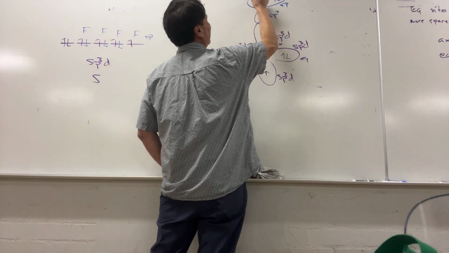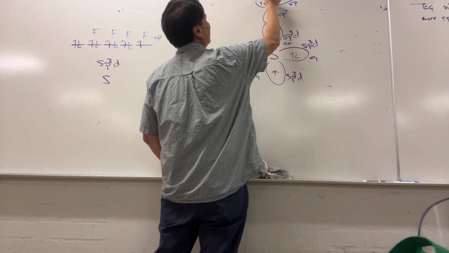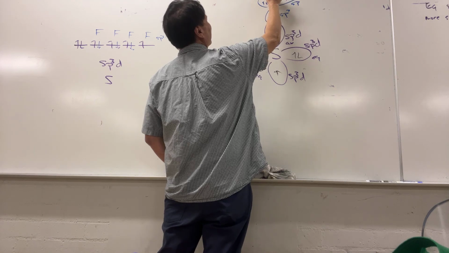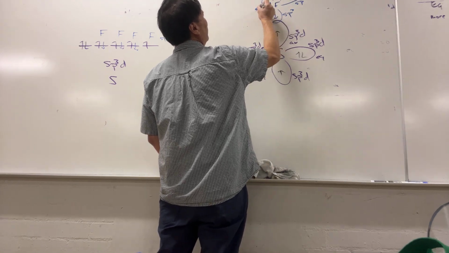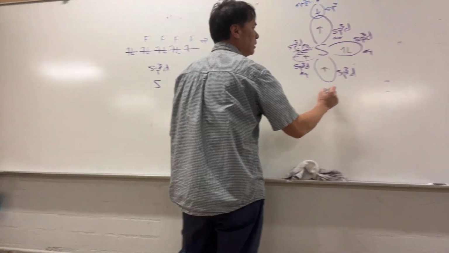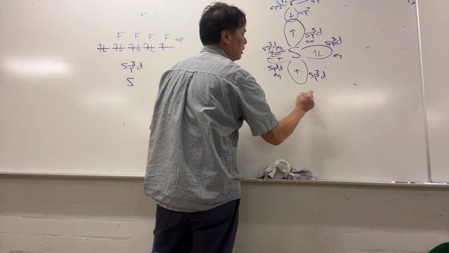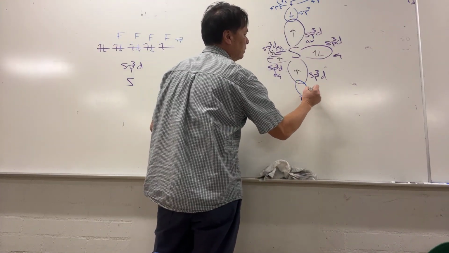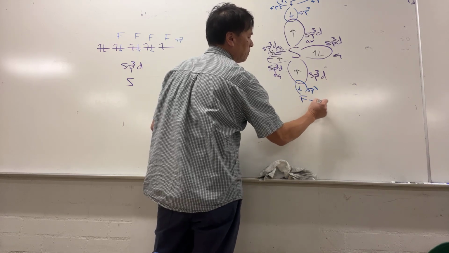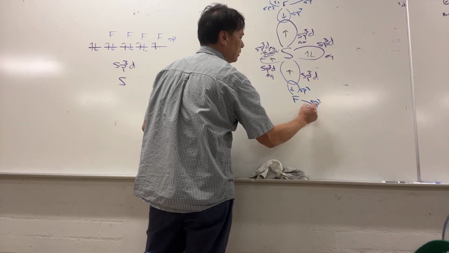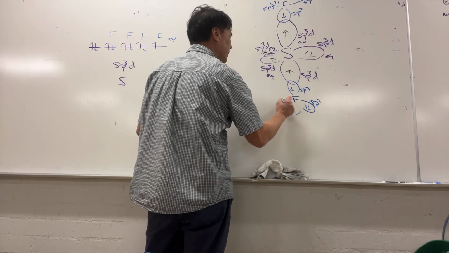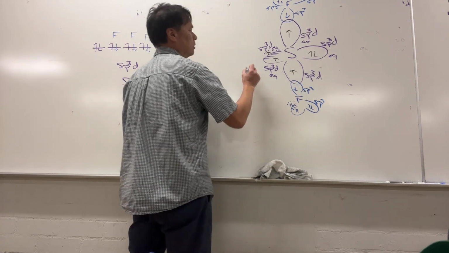An sp3 coming out, lone pair here. sp3 going in, lone pair here. 3 lone pairs. So I'll have a fluorine there, fluorine here, 2 in the plane, 1 sticking out, 1 going in for tetrahedral.